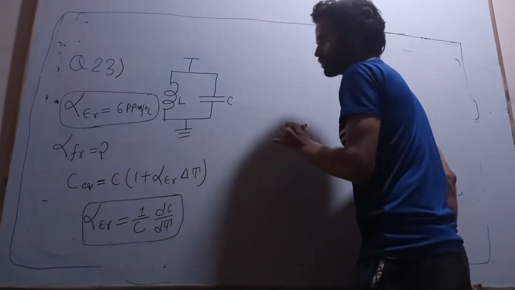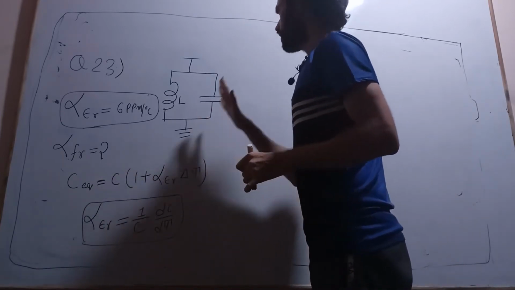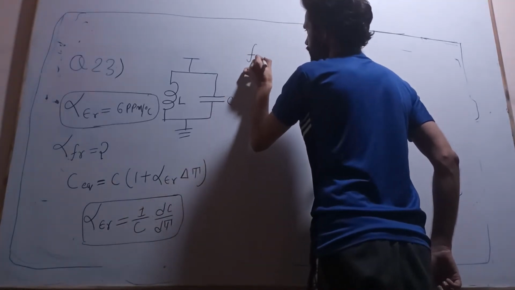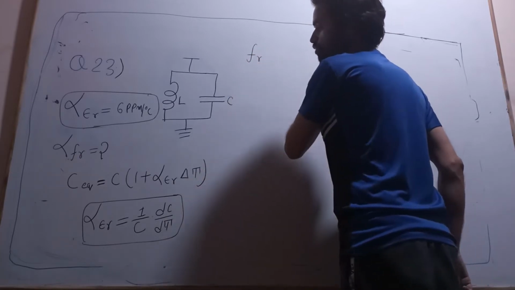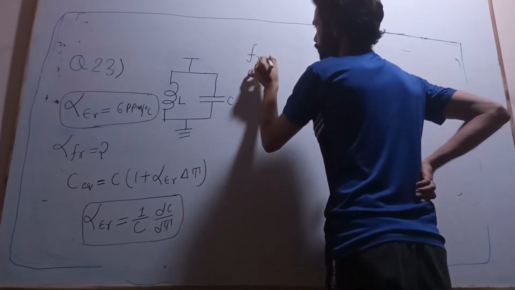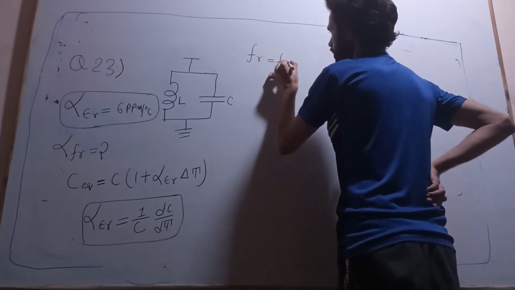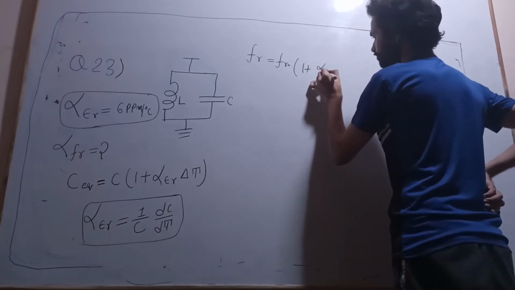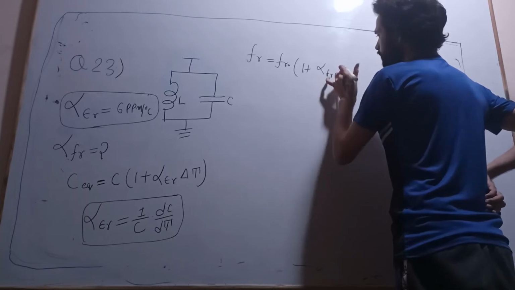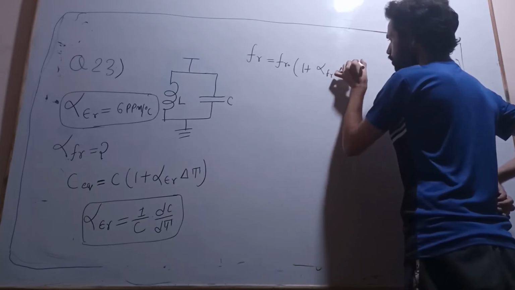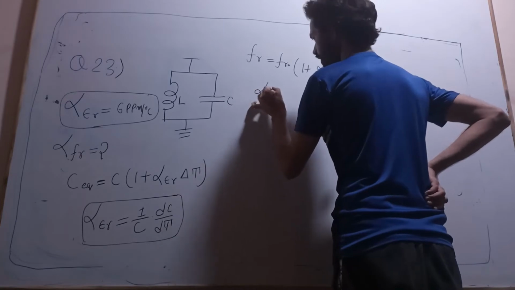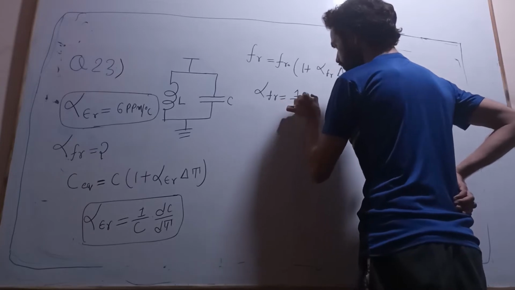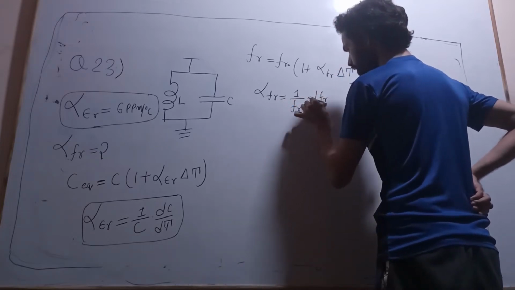Similarly for resonant frequency fr, fr is equal to fr naught into 1 plus alpha fr delta T, where alpha fr is nothing but 1 by fr into dfr by dT.